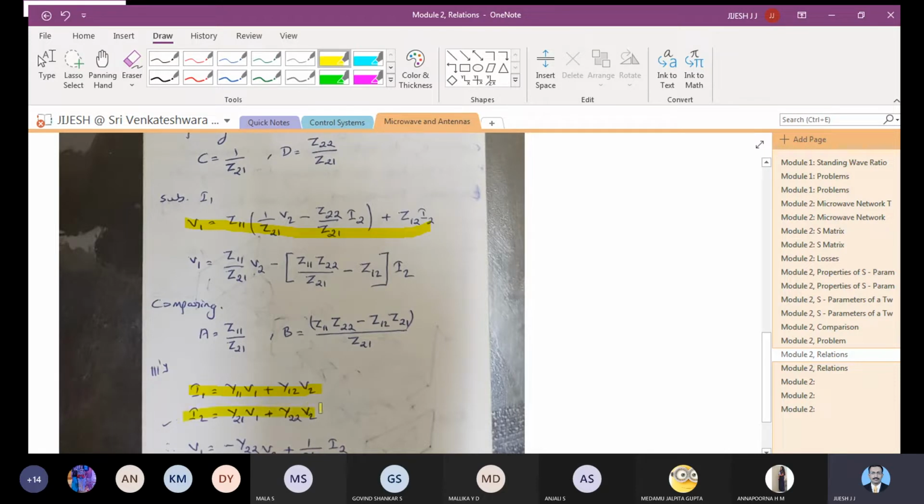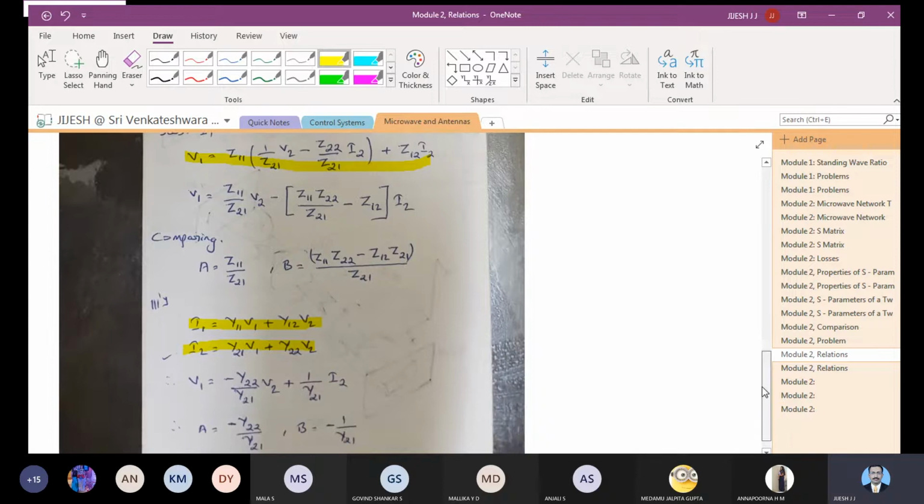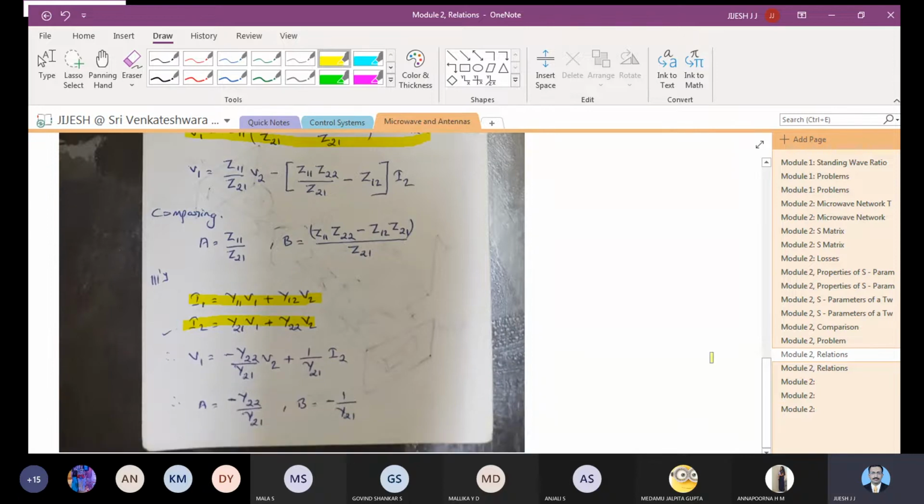If you want to see the matrix form of that equation, you can refer to some 4 to 5 pages behind, the first starting part of module 2. We have discussed all these things, and we wrote the equations at that point of time as well. These equations are quite familiar to you, and you have been using them quite a lot.